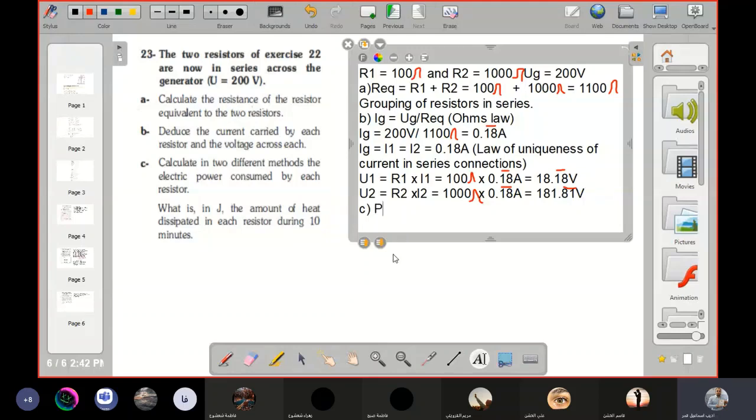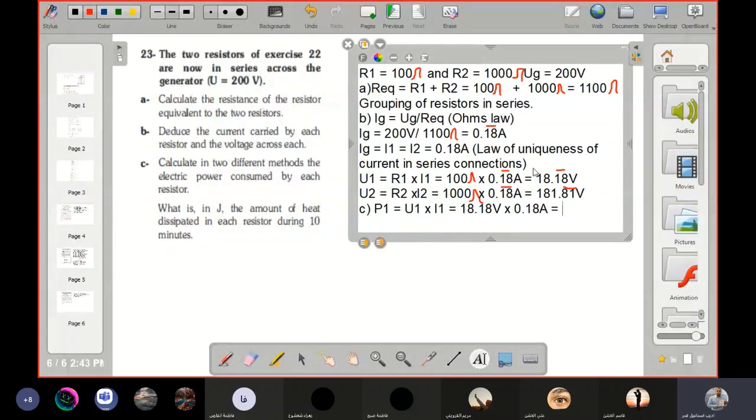P1 equals U1 times I1. U1 is how much? 18.18 volts, 18 bar volts, times I1, 0.18 repeating.